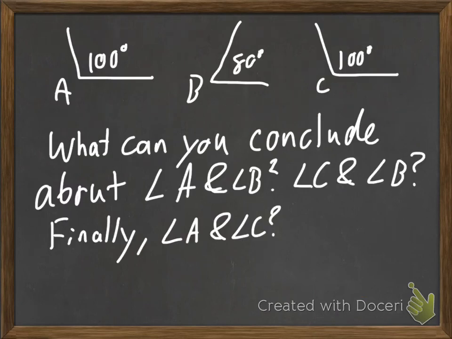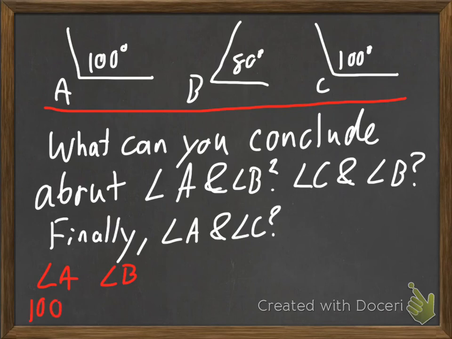I want you to do a similar thing here. I want you to look at these 3 angles and see what you can conclude about angle A and angle B, angle C and angle B, and then finally, what can you say about angle A and angle C? So please pause the video and discuss this with your group. Okay, so if we look at angle A and angle B, we see that A is 100, B is 80, so they add up to 180.